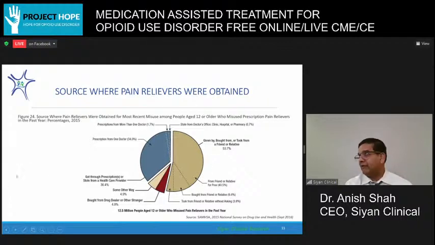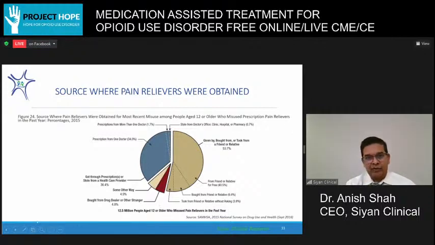Then prescriptions from physicians or doctors account for about 34% of the subpopulation. So by and large, in our community, the majority of people still obtain opioids from friends or relatives, and most of them get them at no cost. They are getting them free, and those are about 40.5% of the subpopulation, as you can see in this slide.